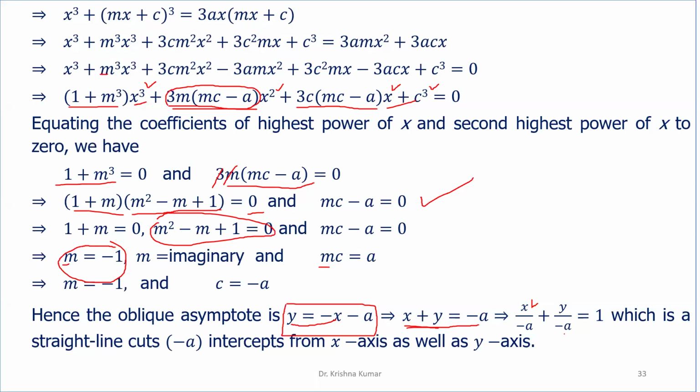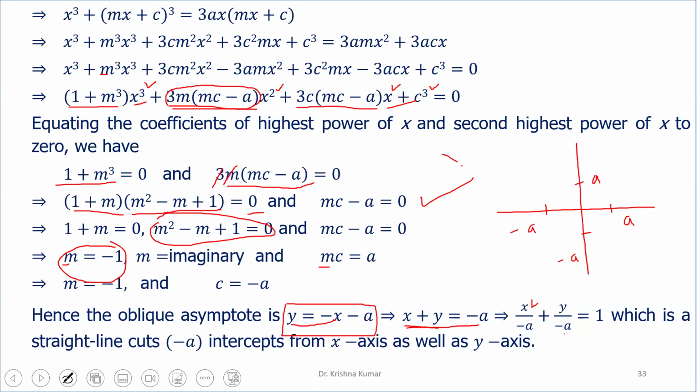So now if we want to trace this asymptote, suppose this is a, this is a, this is minus a, this is minus a. So the asymptote is nothing but this line. This is the asymptote x plus y plus a equal to 0. Right?